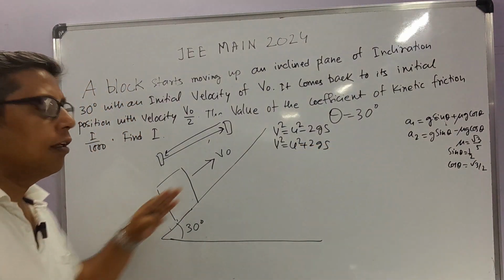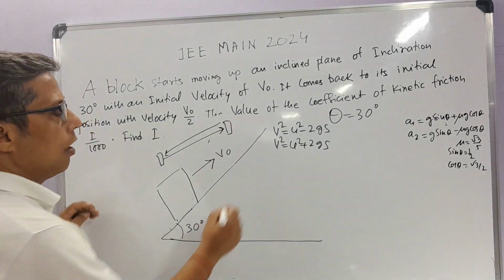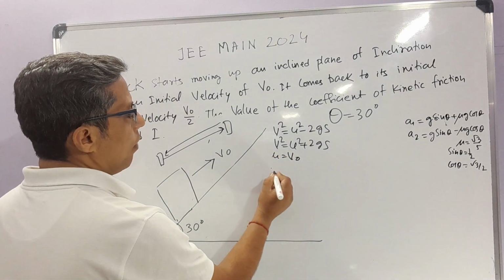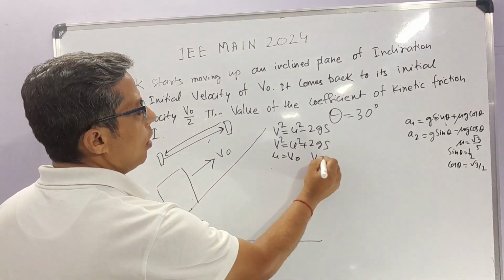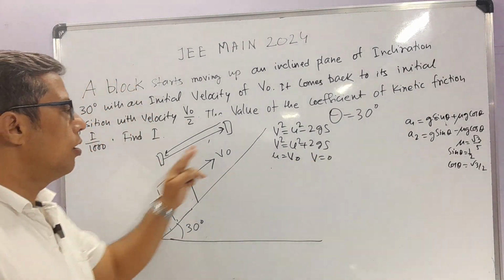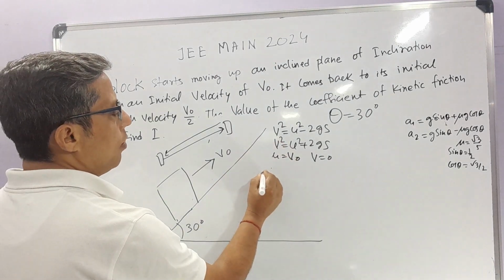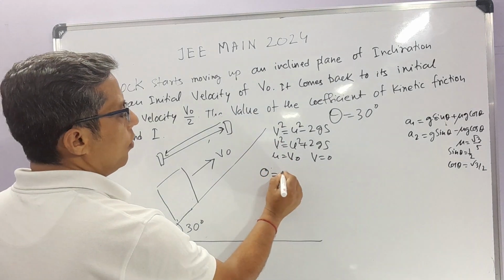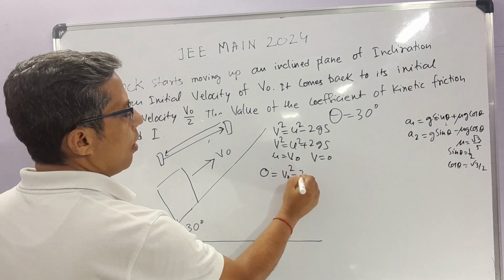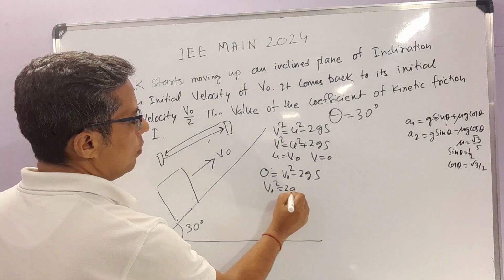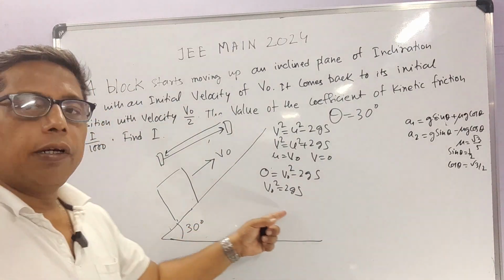During the upward motion, the initial velocity u is v0 and the final velocity v is 0 because the block will stop somewhere. So the first equation is 0 equal to v0 square minus 2gs, or v0 square is equal to 2gs.